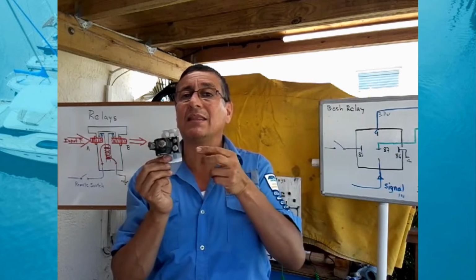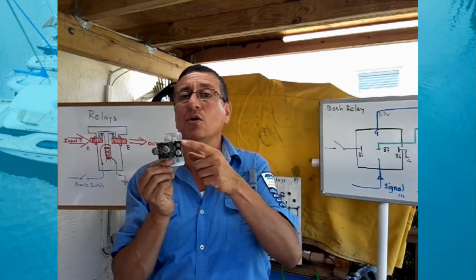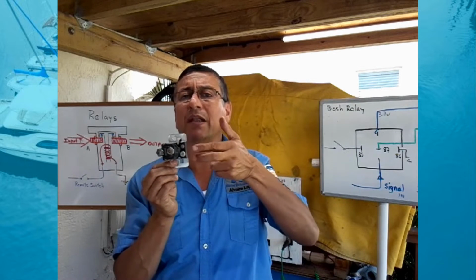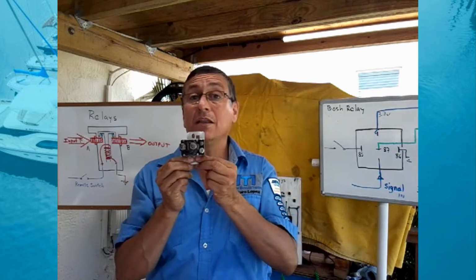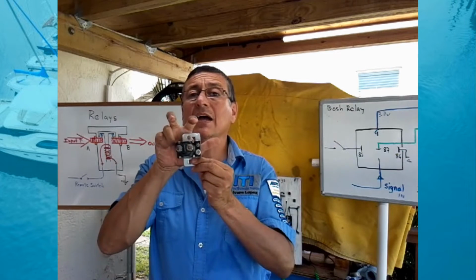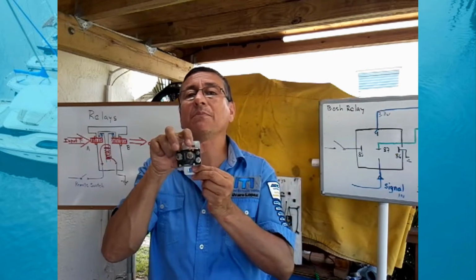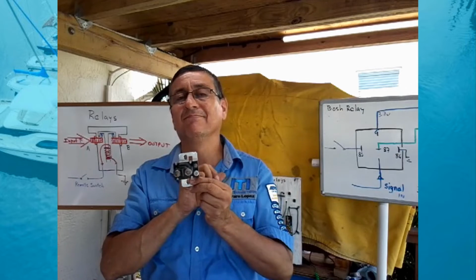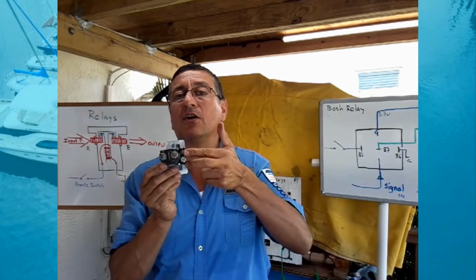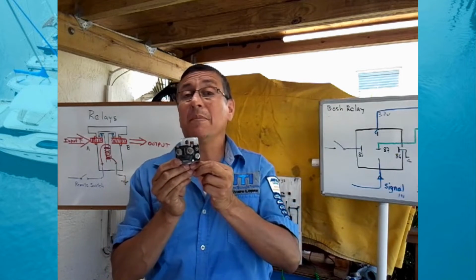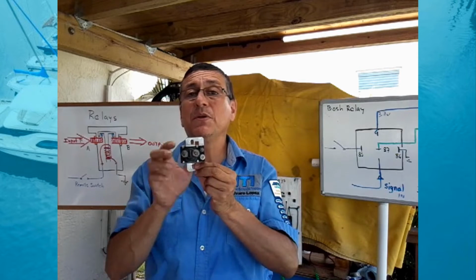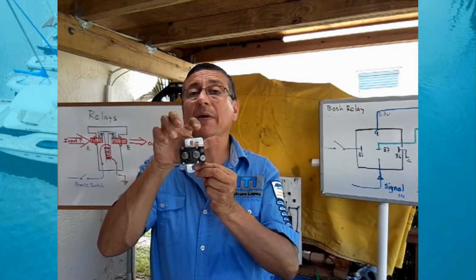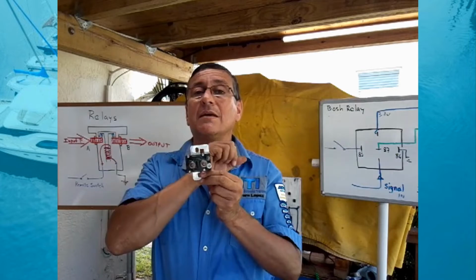The beginning and the end of the coil are those terminals. When you power that coil, the iron becomes a magnet and goes down and closes the gap between A and B. When you remove the power from the signal, the magnetic properties of the iron disappear and the iron separates, and A and B are separated.